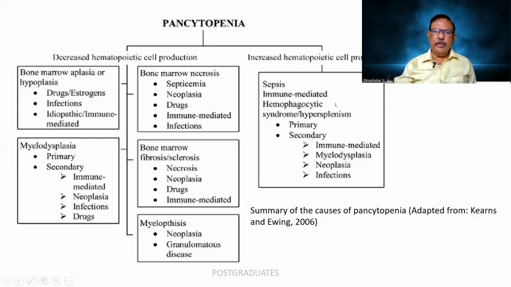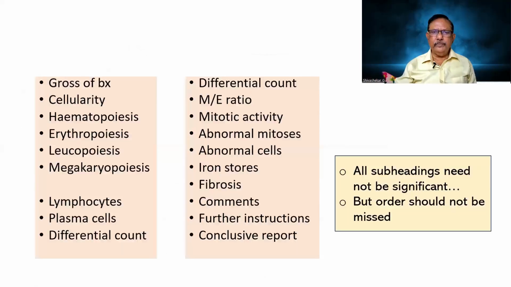Sepsis, any immunological disorder, hemophagocytic one, hypersplenism, and also these other features. So I should have these in mind, and you can answer a question of both pancytopenia as well as identify a slide of aplastic anemia. So this is all you people will have to remember.